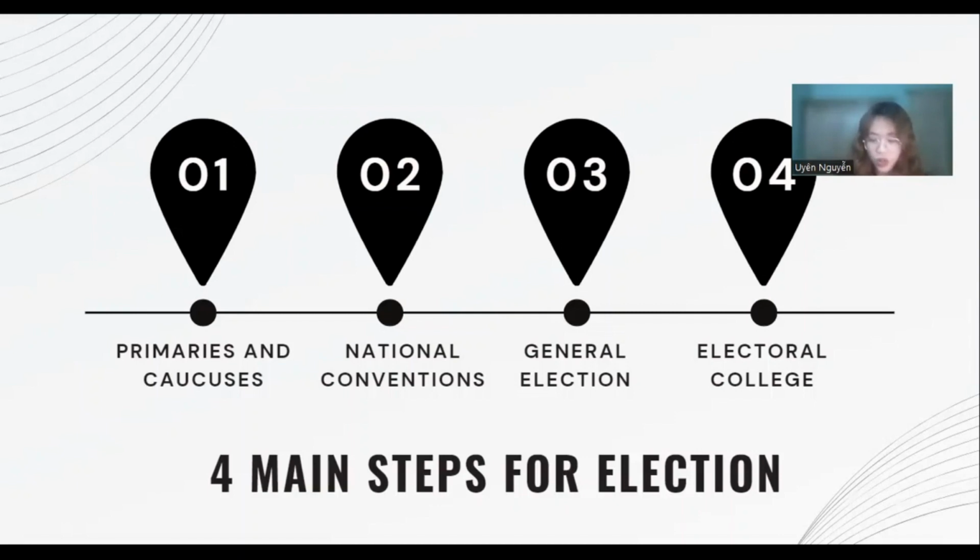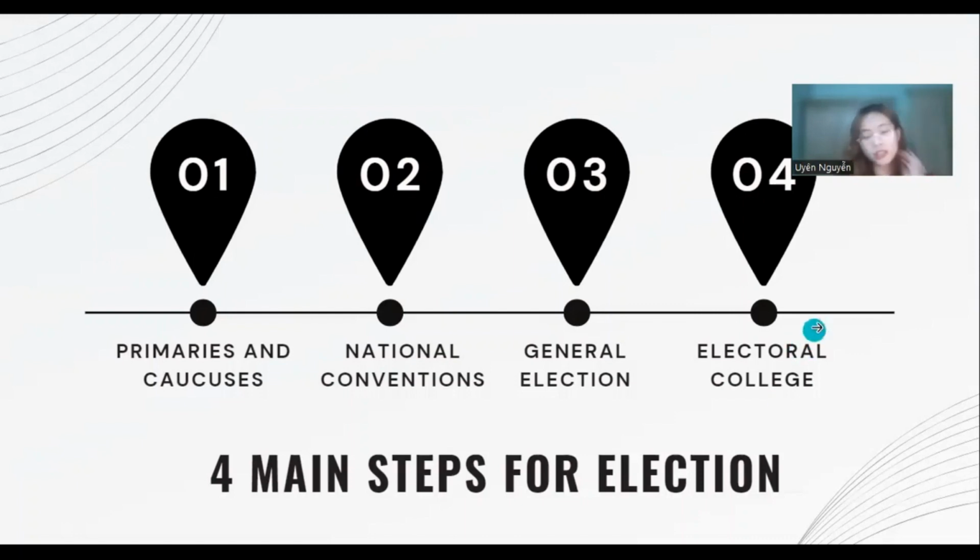There are a total of 538 electors selected according to each state's policy. Each elector casts one vote following the general election, and the candidate who gets more than half wins. The newly elected president and vice president are inaugurated in January.